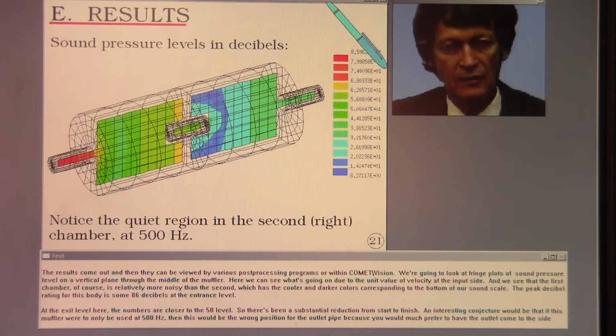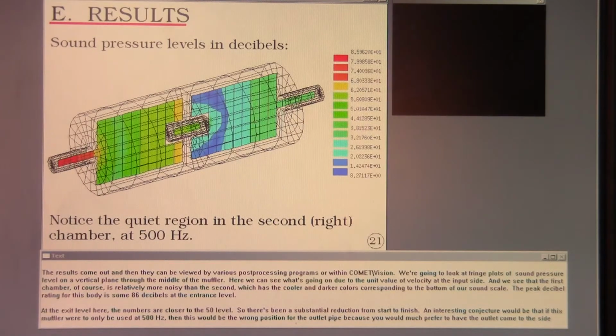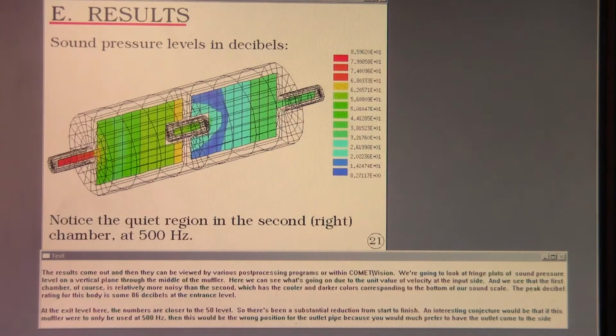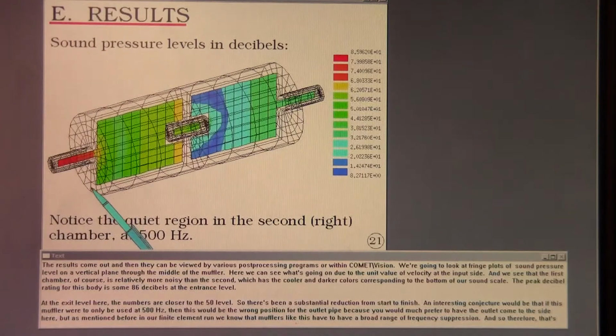We're going to look at fringe plots of sound pressure level on a vertical plane through the middle of the muffler. Here we can see what's going on due to the unit value of velocity at the input side. And we see that the first chamber, of course, is relatively more noisy than the second, which has the cooler and darker colors corresponding to the bottom of our sound scale.